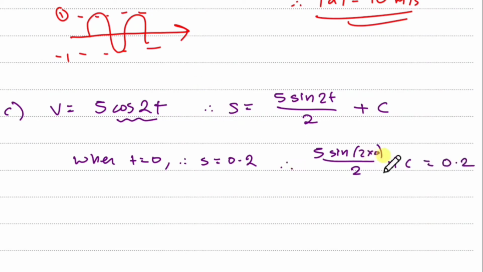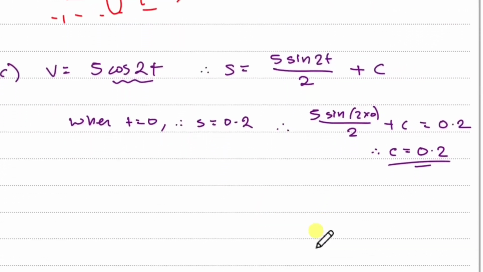Let's work this out. Sin 0 is basically 0, so all of that is 0. Therefore, c must be 0.2. That's nice and easy. So now let's update this equation. The displacement equation is 5 sin 2t over 2 plus 0.2.